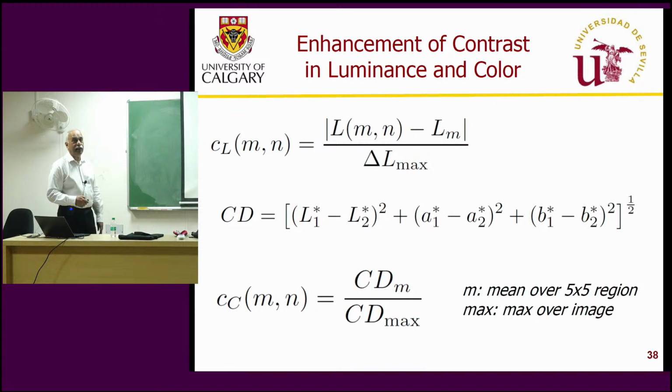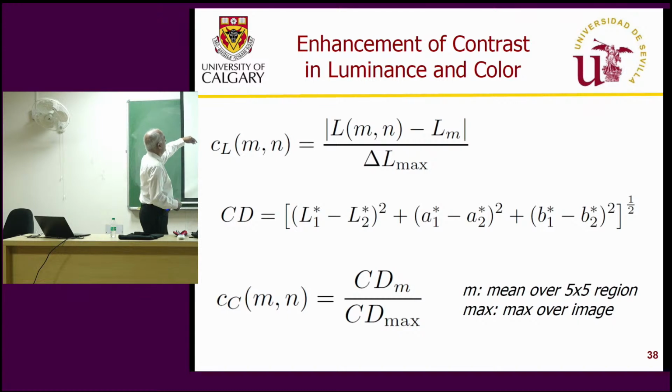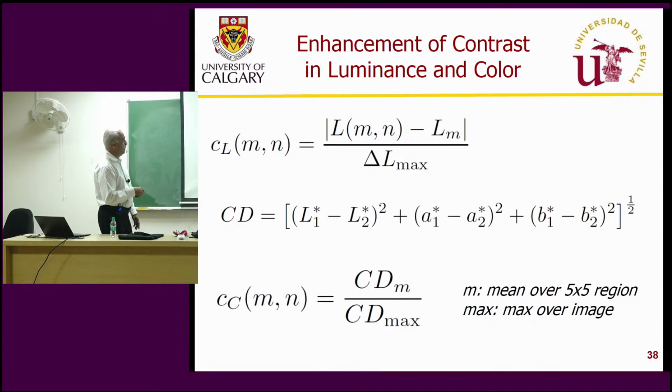How do you define color contrast? Well, first, the luminance contrast is LMN minus LM over delta L max. I'll give the reference to this paper. This is not our method. So the color difference was computed in the LAB space, or L star, A star, B star. I just say LAB.